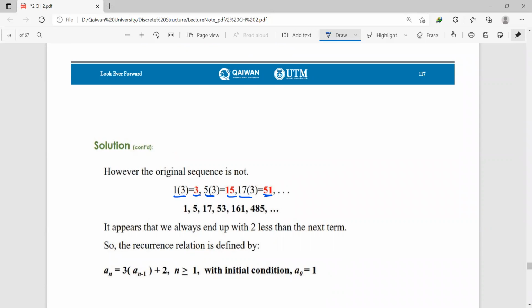Okay, here we have 1. This is the original sequence which is given.